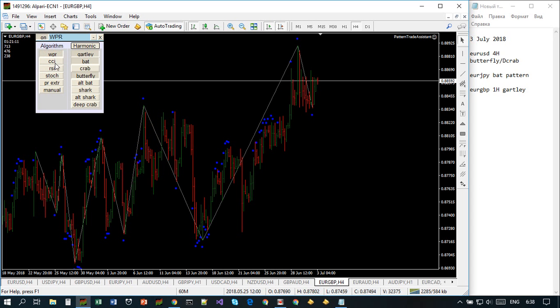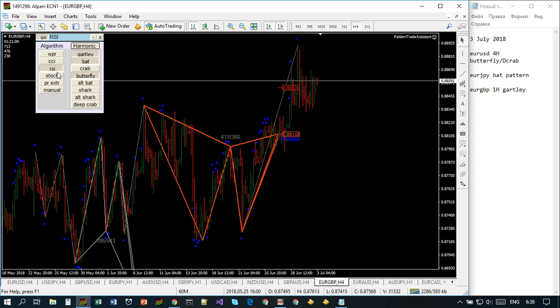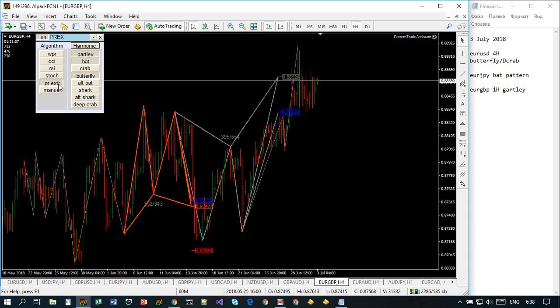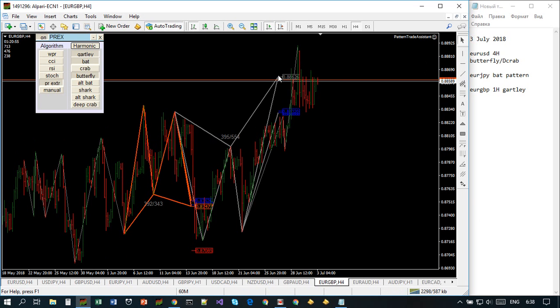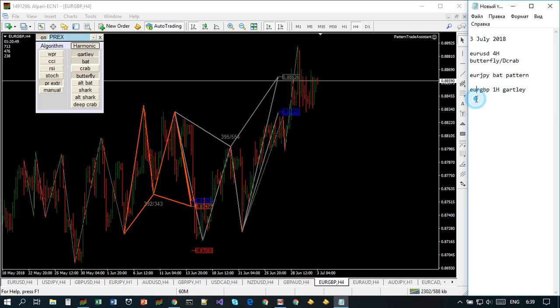Let us switch to see if other algorithms support that butterfly. Okay, 2 of 5. Not enough for this butterfly. Not enough. Need additional confirmation. Okay, Euro GBP 4 hour. Let me type it.